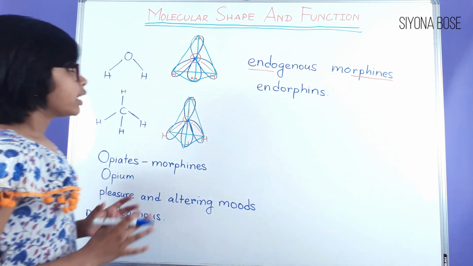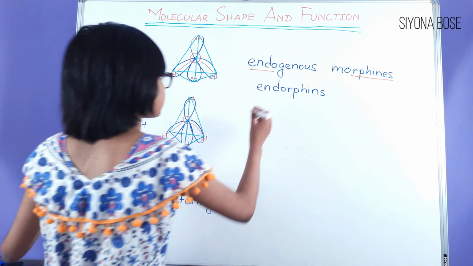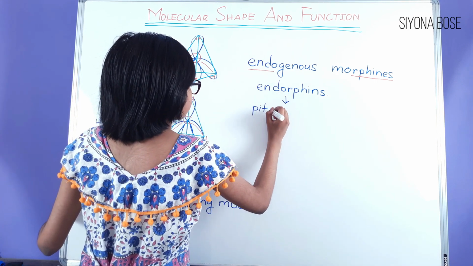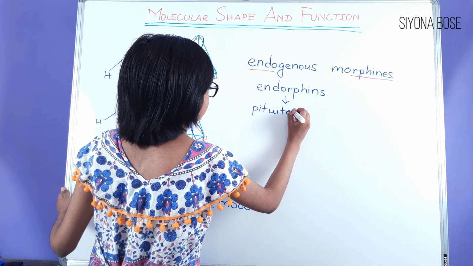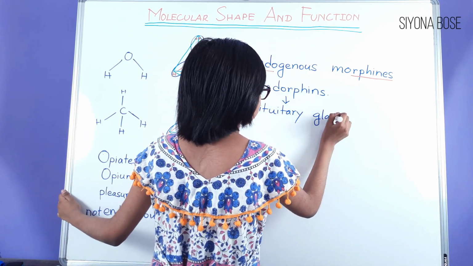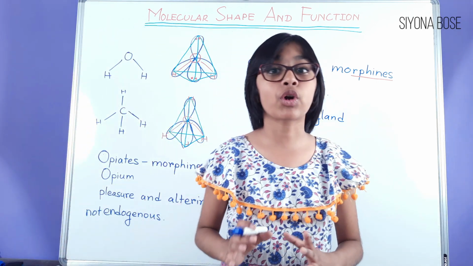Endorphins are produced by the pituitary gland, meaning they are made in the pituitary gland. They have similar functions to what morphine does.